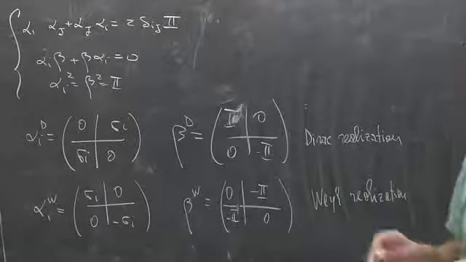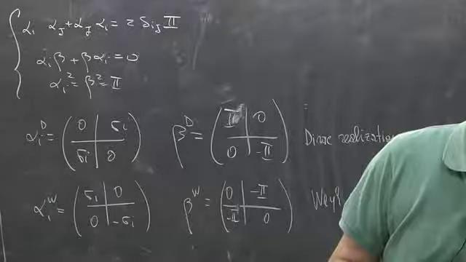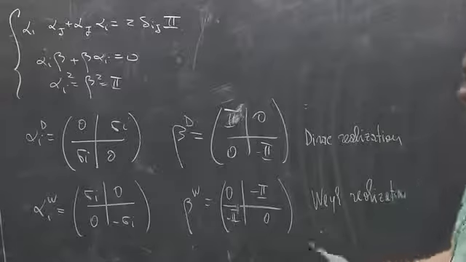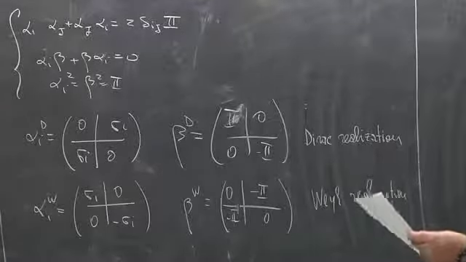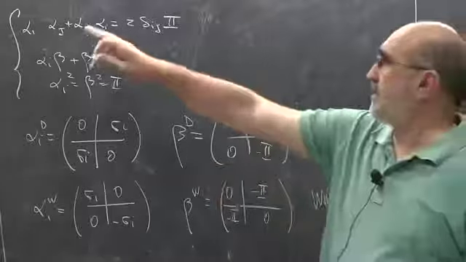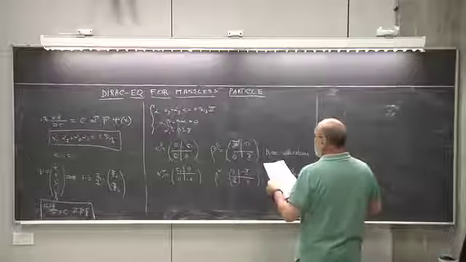But then let's look at what happens if we use the Weyl realization. First of all, let's check it, because maybe you don't believe it. Let's check that the Weyl at least satisfies this relation.